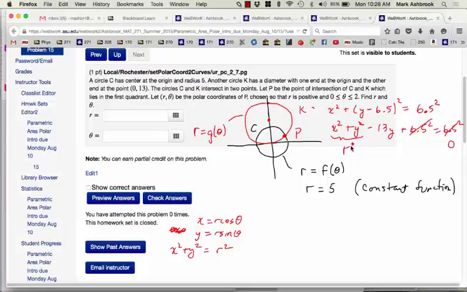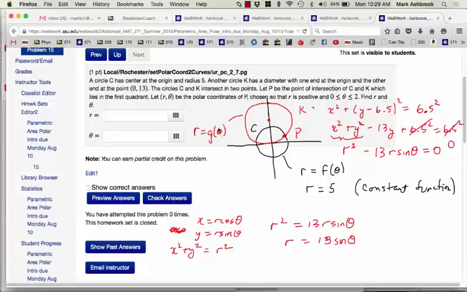Minus 13y is minus 13 r sine theta equals 0. So r squared equals 13 r sine theta. r equals 13 sine theta. And there it is. That's r as a function of theta.